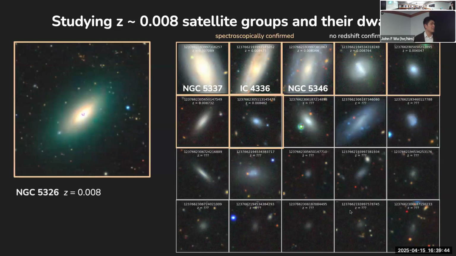We can probe environments that SAGA was not designed to study, like the group environment. We don't really venture into clusters because there's just a lot more going on there. But in groups, for example in this galaxy system, NGC 5326, we can find lots of probable satellites. The bottom row here is a very interesting set of candidates. These are very red galaxies that would be very hard to confirm on the basis of their absorption features.